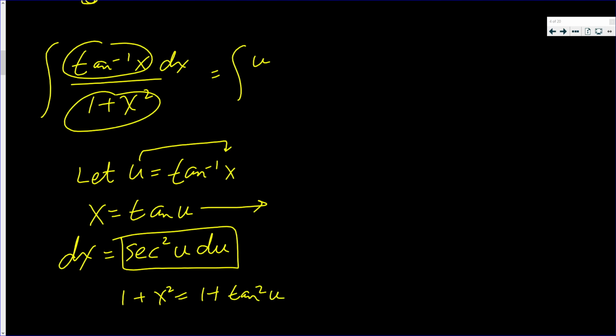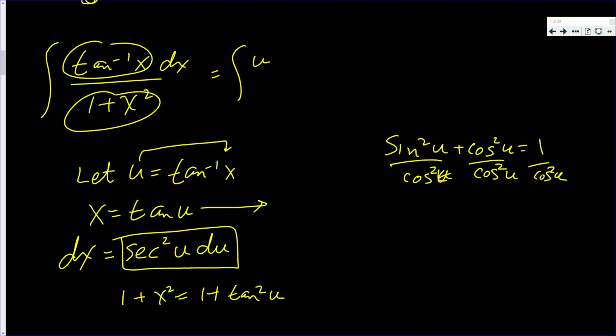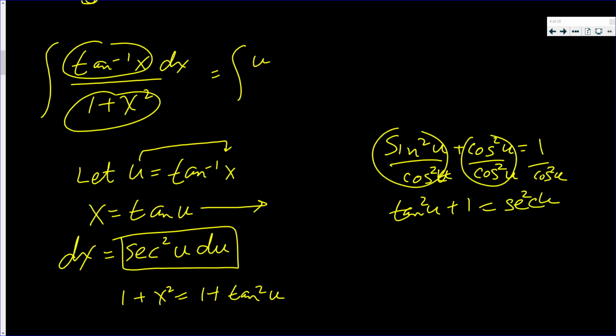So 1 plus x squared, that's 1 plus tangent squared u. But now remember that sine squared u plus cosine squared u is equal to 1. If I divide both sides by cosine squared u, this becomes tangent squared u plus 1, and 1 over cosine u is secant u, but I have 1 over cosine squared.